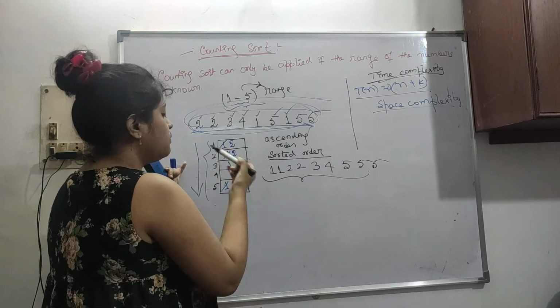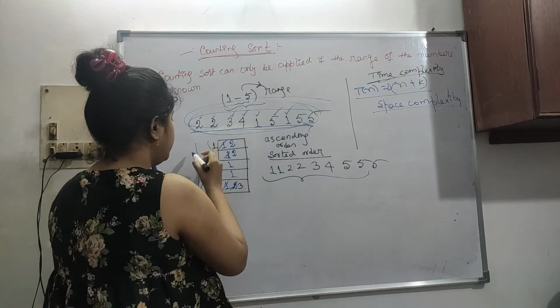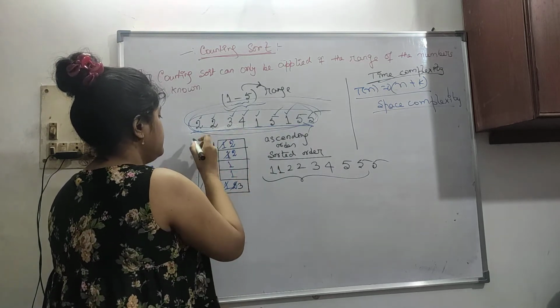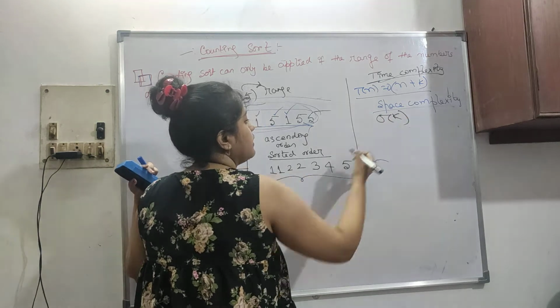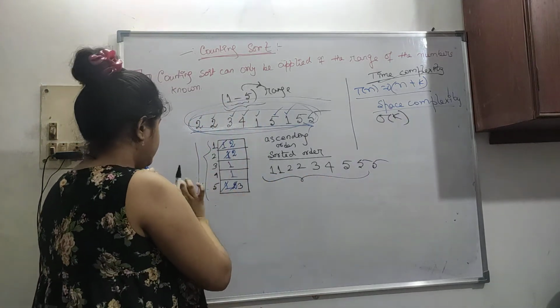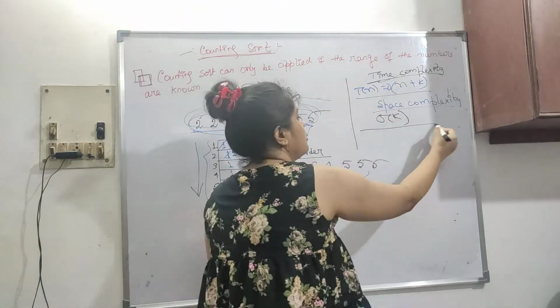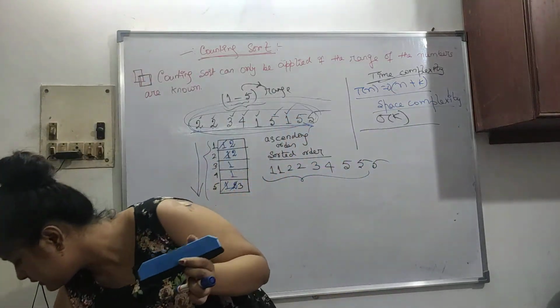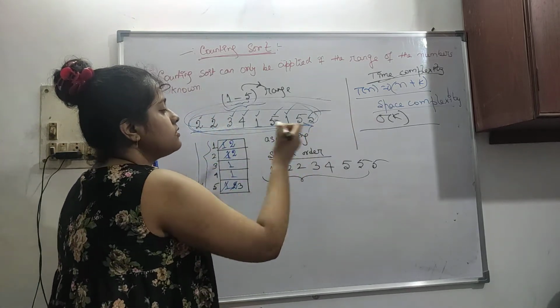So the extra space we are needing is these k cells. See, these k cells are needed, so it is order of k. Okay, so these extra k cells are needed, so that's why we need order of k. So time complexity is order of n plus k, and the space complexity is order of k.